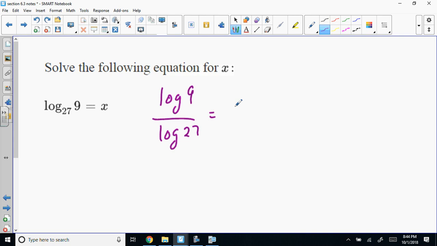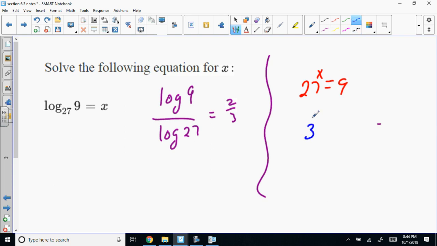Let's just do log of 9, close parentheses, divided by log of 27. Geez, 2/3. Yeah. 0.667, right? Now, that's change of base. But if I'd done this, it'd be 27 raised to the x equals 9, right? Now, I could rewrite that as 3 to the 3x equals 3 squared, right?